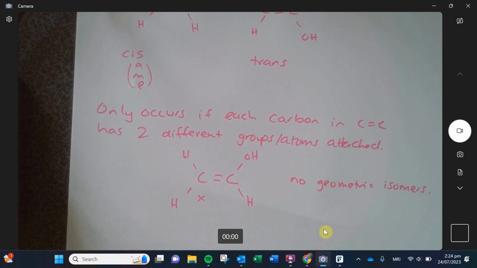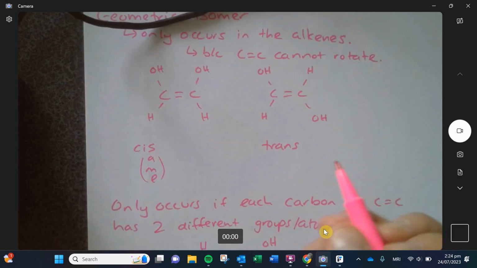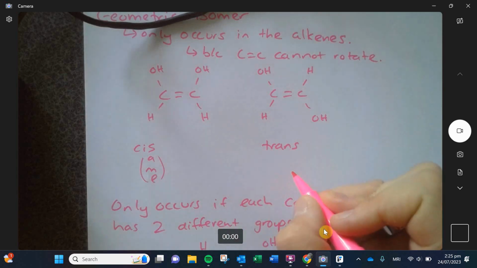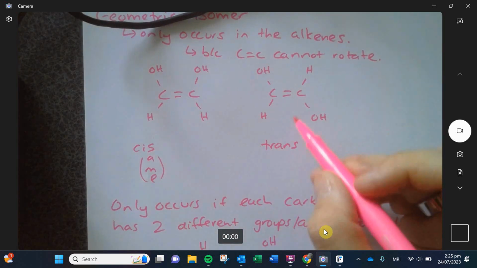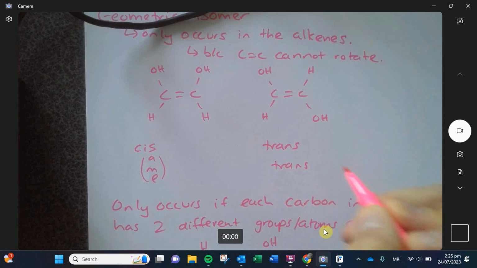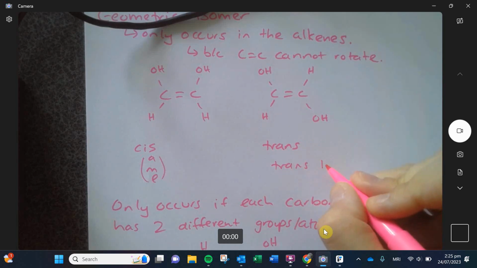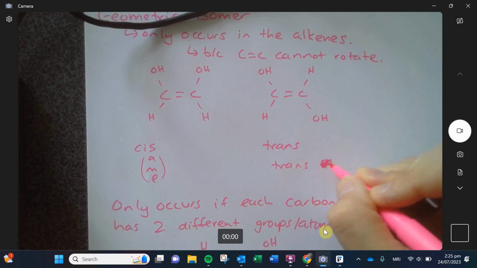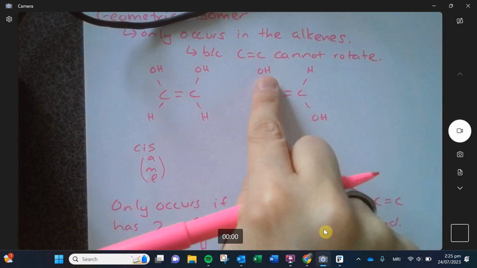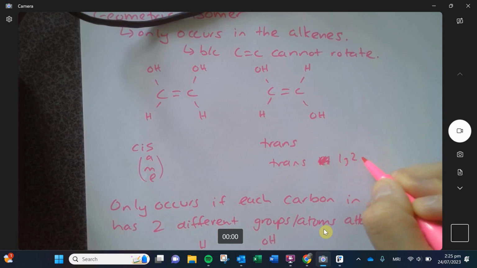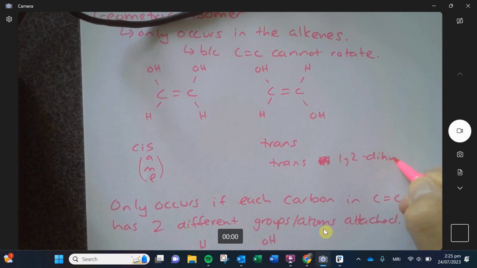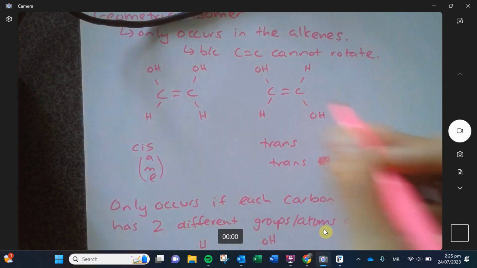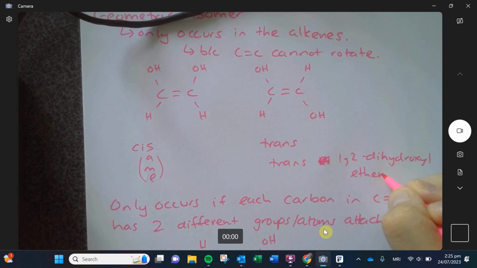And if I was going to name either of those two, I would say this one is trans 1,2 dihydroxyl ethene.